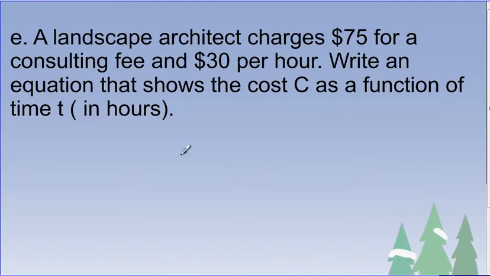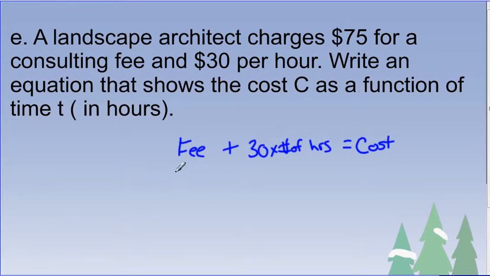Well, you have to pay this consulting fee, and you also have to pay $30 every hour. So 30 times the number of hours. And that gives you your total cost. The $75 fee, and $30 an hour, 30 times the number of hours, gives you the total cost.